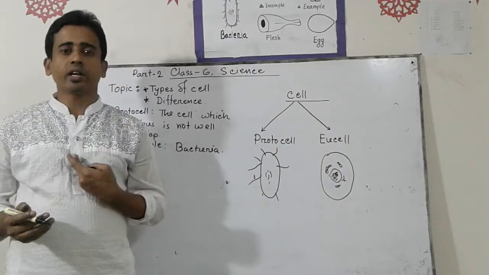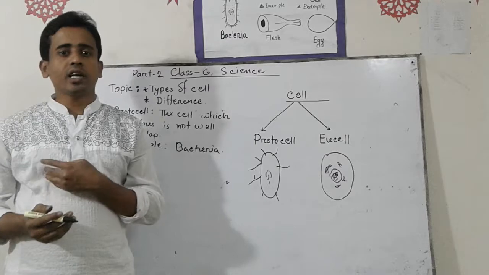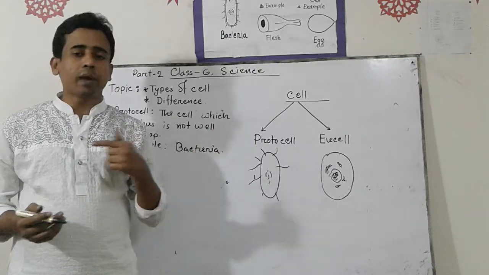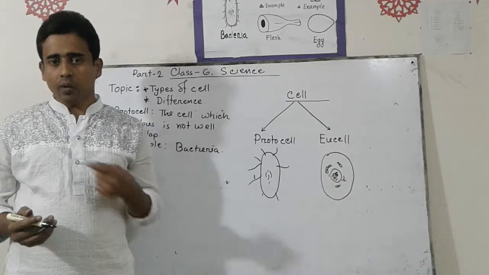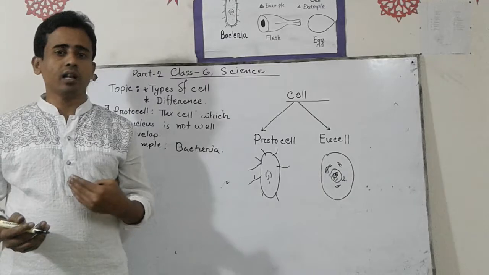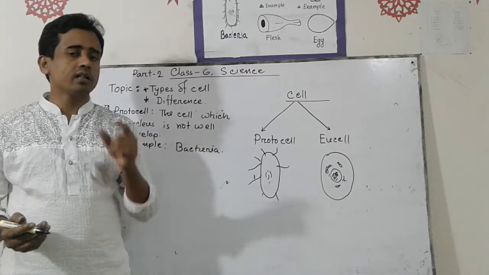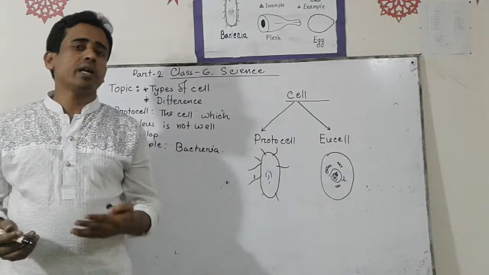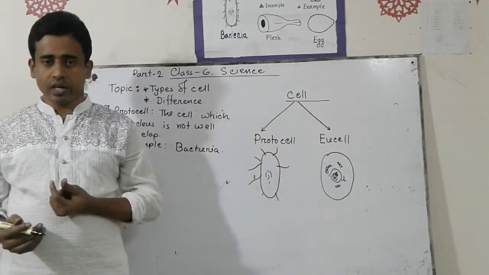Like we human beings, our cells, the examples of eucell, like plant cell and animal cell. Our cell is also eucell, because every cell has a well developed nucleus. Later I will give the explanation of well developed nucleus.